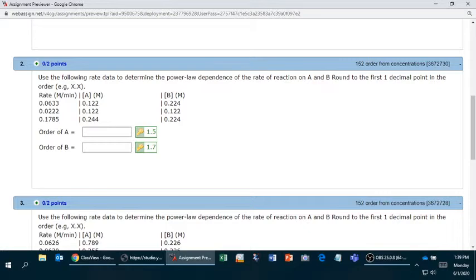We have a rate and a starting concentration of 2 reactants.